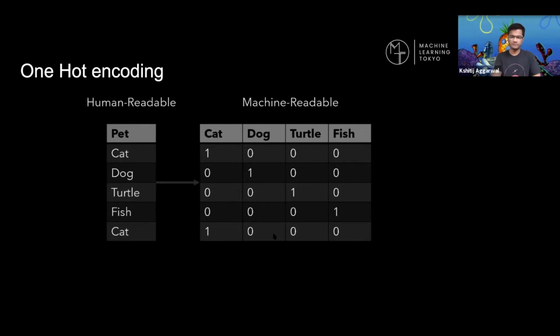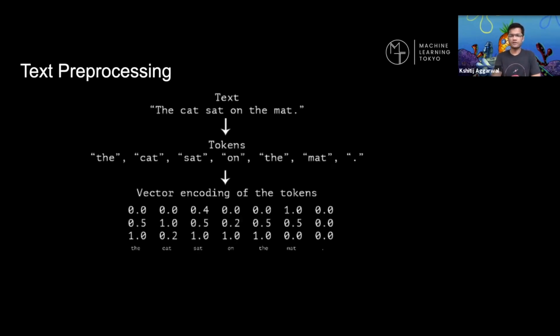So this is another way. This is a third way: again, you had a statement, you convert it into tokens, and then using some transformation or an algorithm, you convert those individual tokens into vectors, which are machine readable.